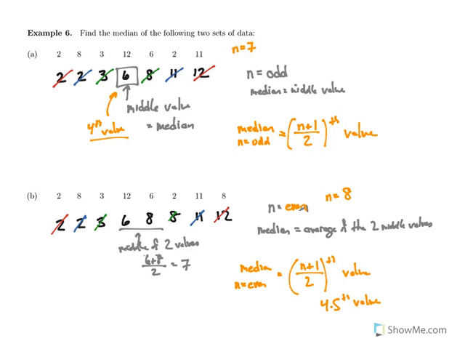It's kind of like in between. This is going to be in between the n divided by 2 and the (n plus 1) divided by 2 value. Now, these formulas are totally not necessary if you only have a small amount of values, but it's very easy to do an example where we have a large amount of values, and there these become a lot more handy.